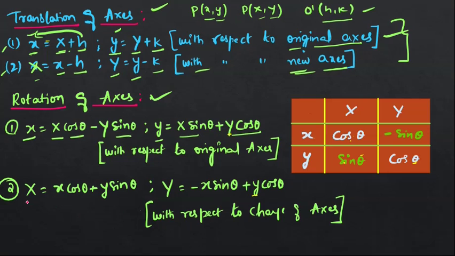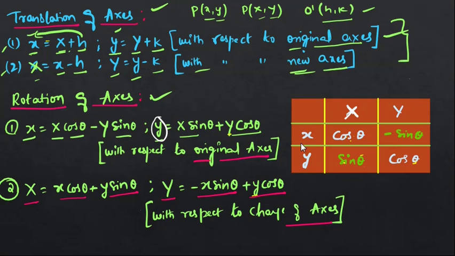So now capital X value is small x cos theta plus small y sin theta, and capital Y value is minus small x sin theta plus small y cos theta. So as we know, small x and small y are the points with respect to the original axis, and capital X, capital Y are the points with respect to the new axis.